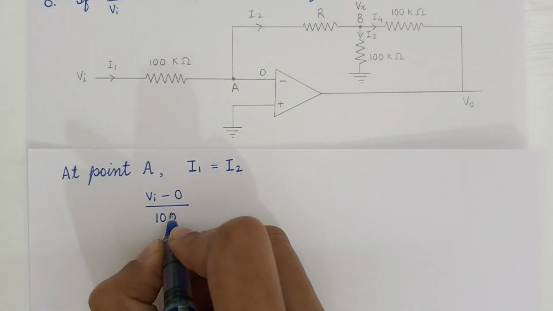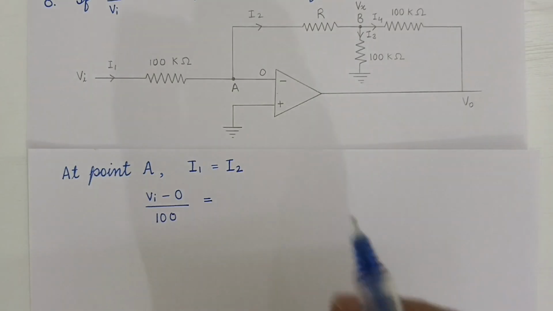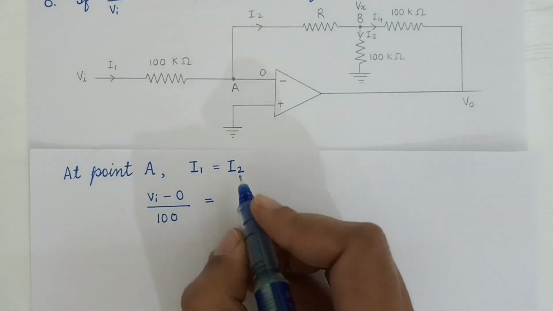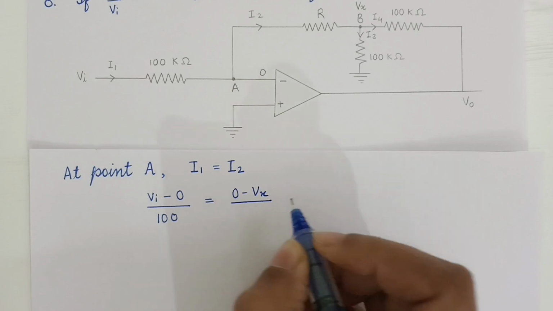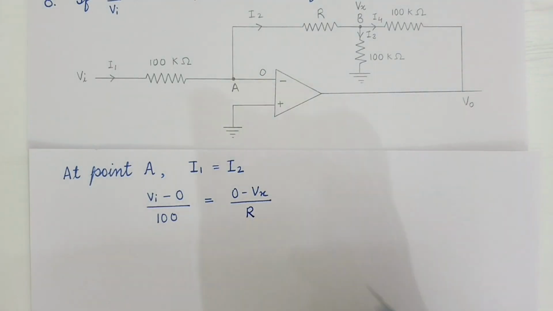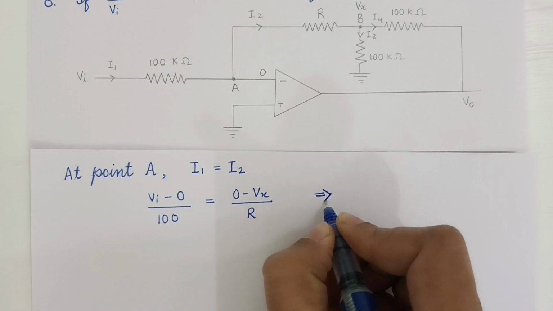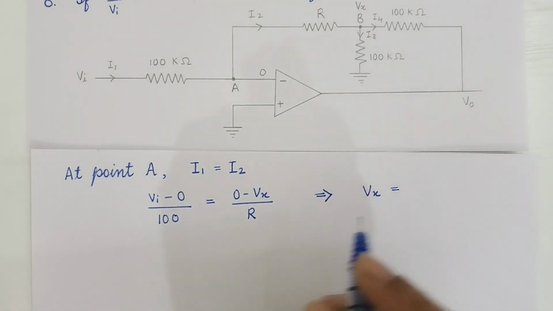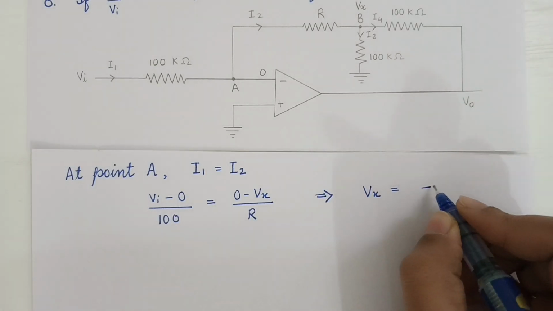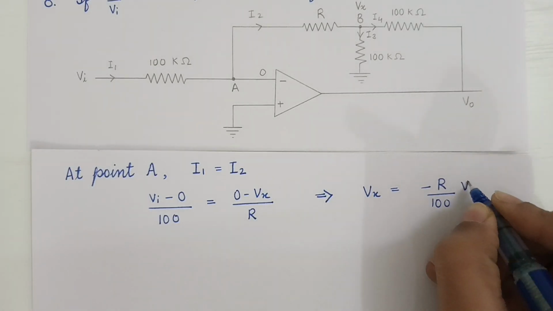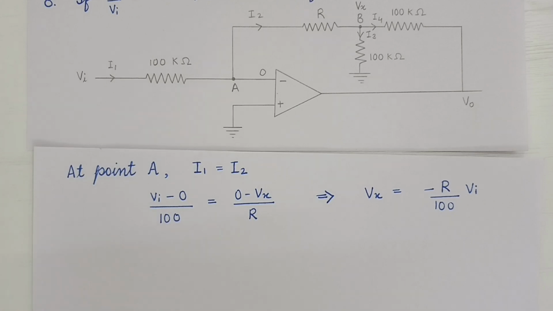So 100, which is equals to for I2 0 minus Vx divided by its resistance, that is R. So R. So from here, after solving, we will get Vx is equals to minus R divided by 100 Vi. So we get Vx from here.